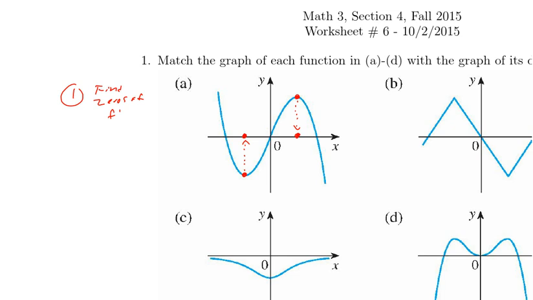Second, find the positive and negative f primes. Where is your function increasing and decreasing? Where is your function increasing, so where is f prime positive? And where is your function decreasing, so where is f prime negative?